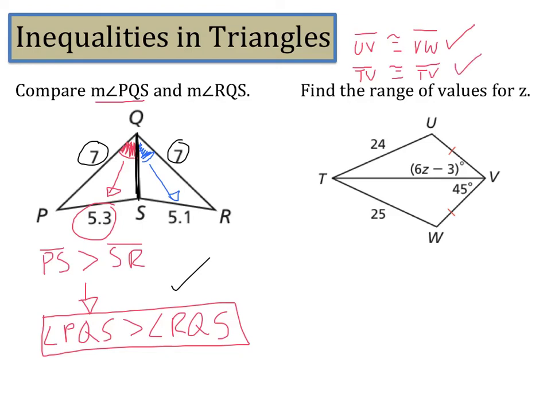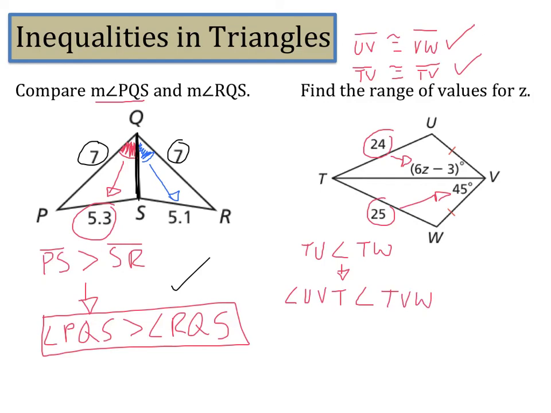So once I show that two sides are congruent, I can use the hinge theorem. Now, this side is smaller than this side. So since TU is less than TW, I know that the opposite angle, angle UVT, has to be less than this angle right here, which is TVW.